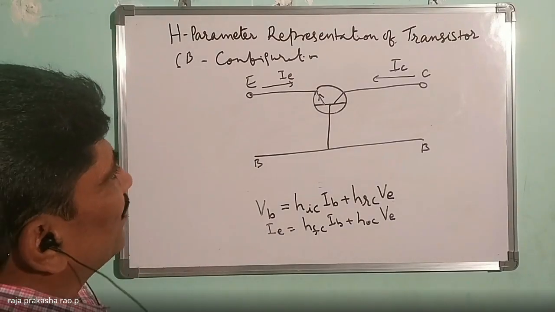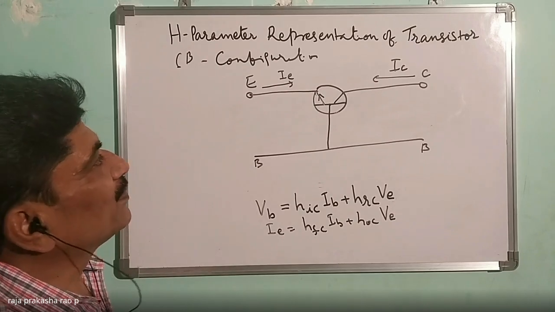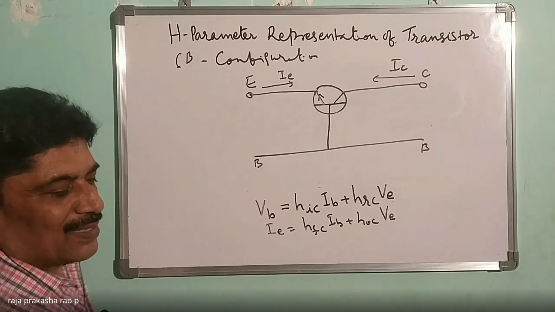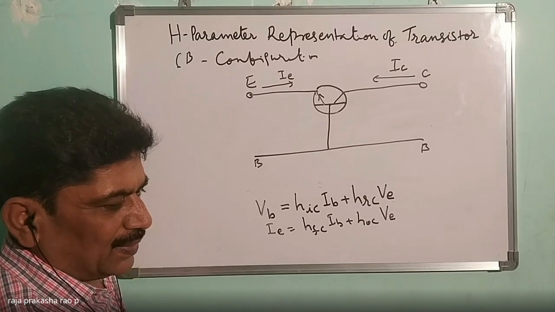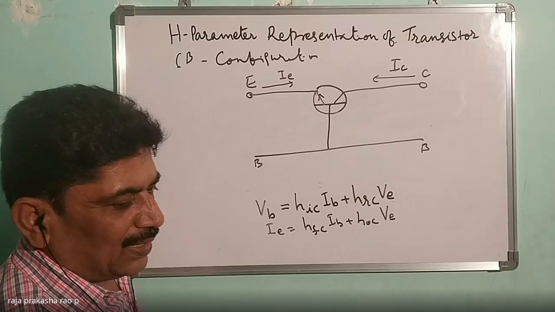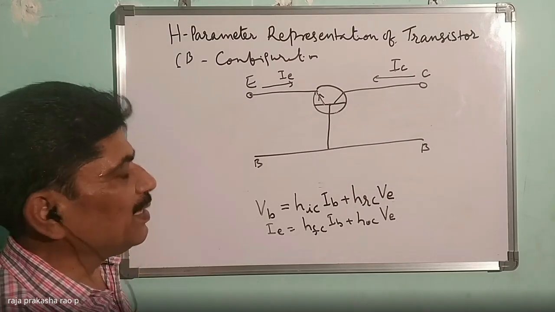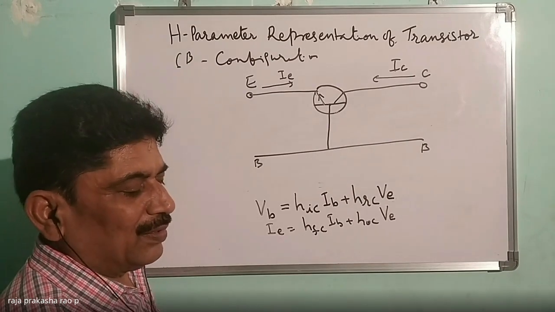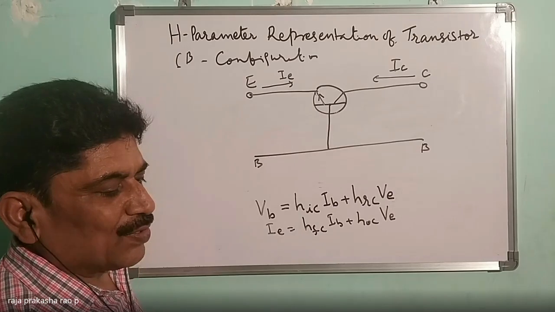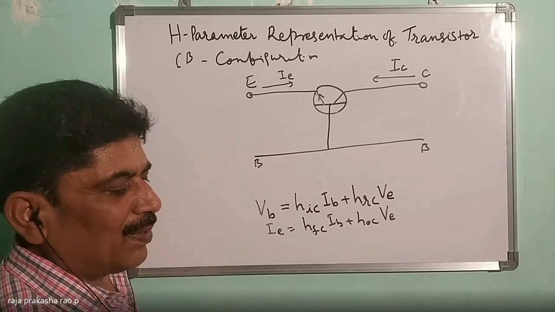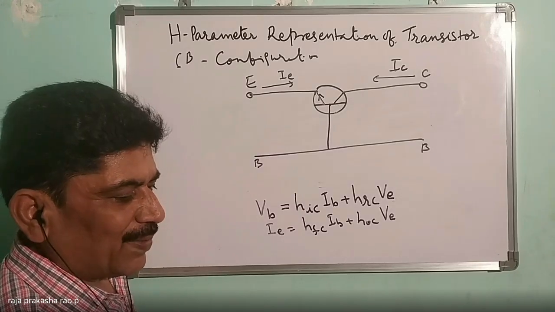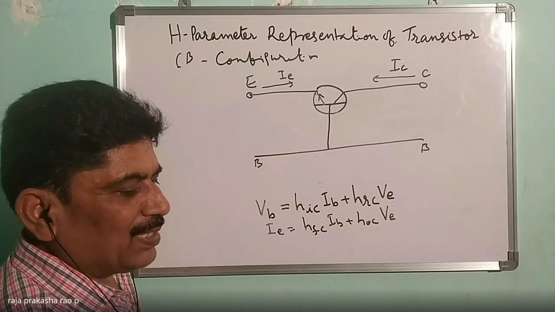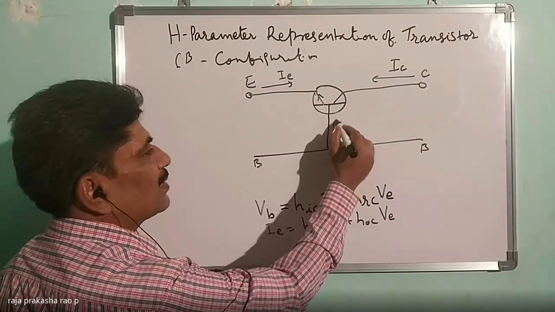So what is the direction of IB here? Can you tell me? IE, IC are there. Can you tell the direction of IB? IB, just now I told you that current should flow from the terminal, that is from that port, let us say B. For current to flow from B, the direction should be like this, IB.